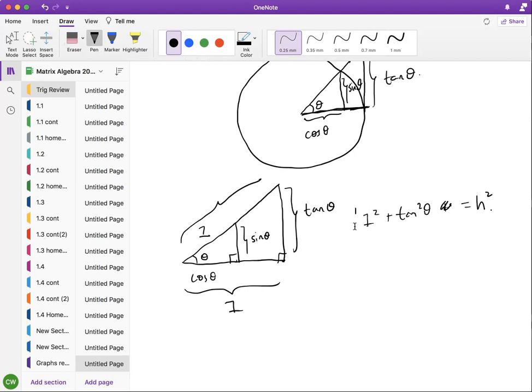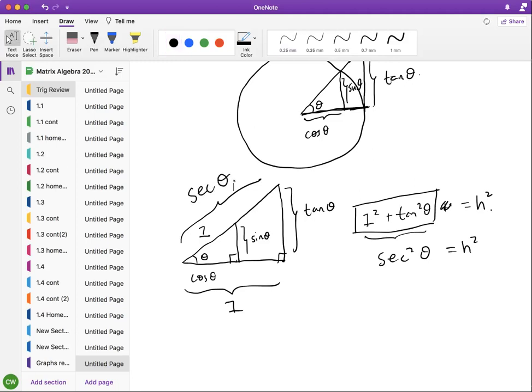So this is actually a Pythagorean identity. This is actually equal to secant squared, remember from last time. So in fact, the hypotenuse is actually secant. So it's a nice visual representation of secant as well as tangent. So just wanted to start with that.